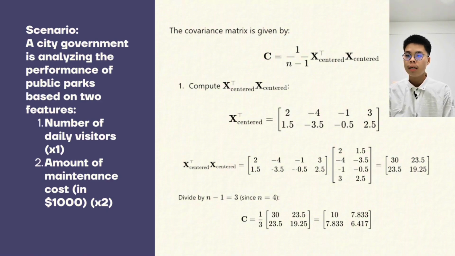We get the first column as 30 and 23.5, and the second column as 23.5 and 90.25.